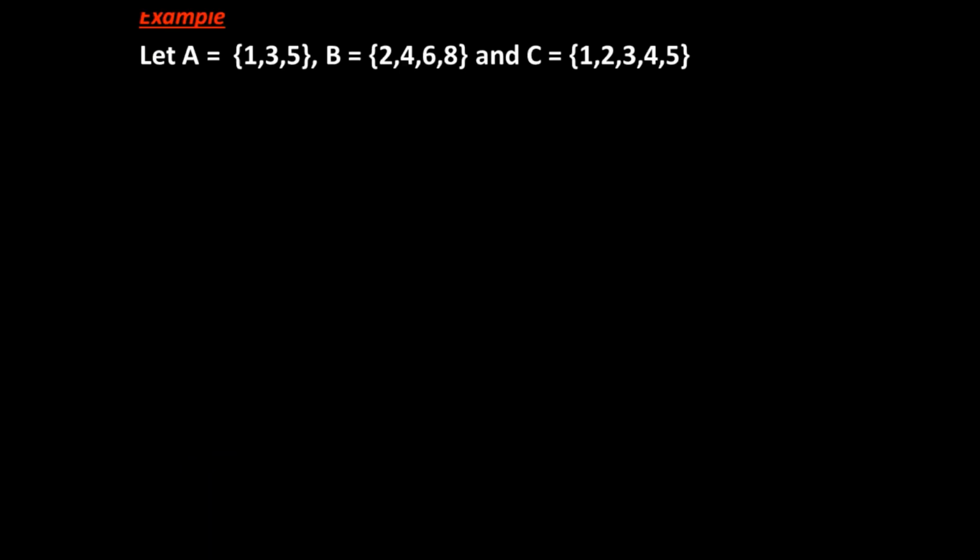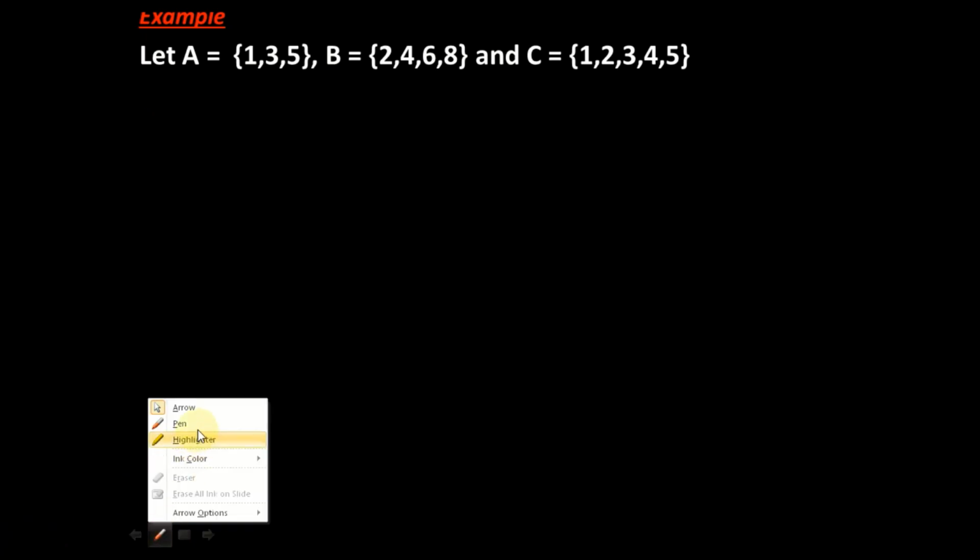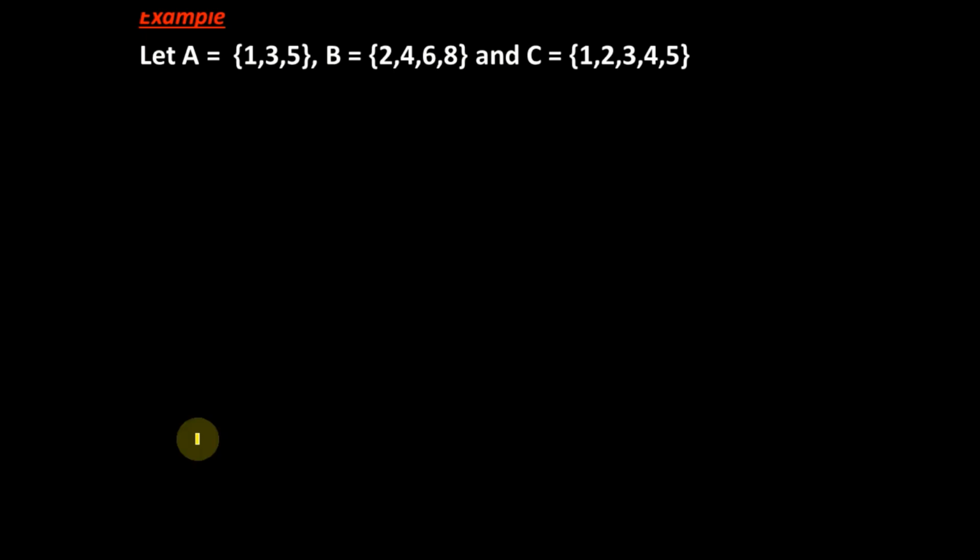Okay, now let's take an example. Here we are trying to find out how those notations work, beginning from the first sign, the element of. For example, let's pick 5. What's going on with 5 in all these 3 sets that we have?